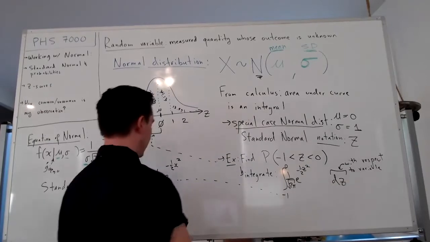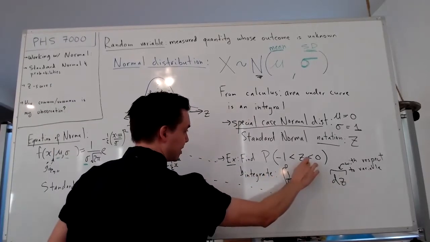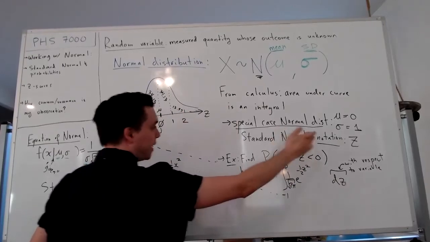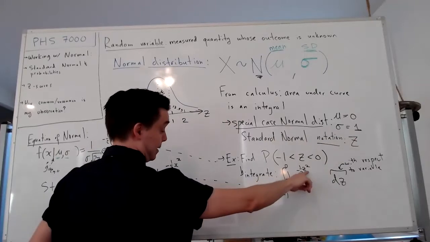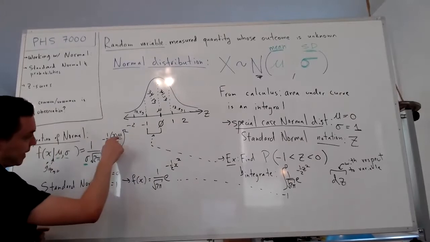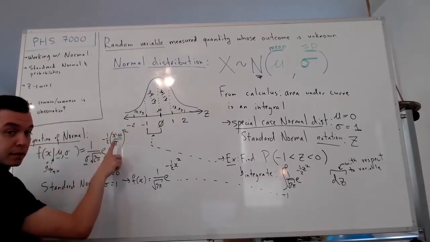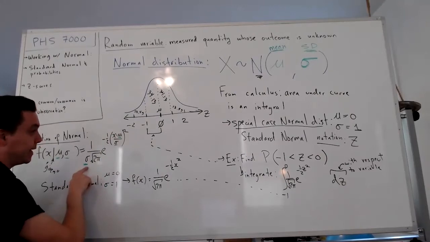There we go. So all I did was I flipped my x to a z because I am just following notation. I'm dealing with a standard normal. It's a z. So this variable right here is a z, if I plug in 0 for mu right there, and a 1 for this sigma right here.